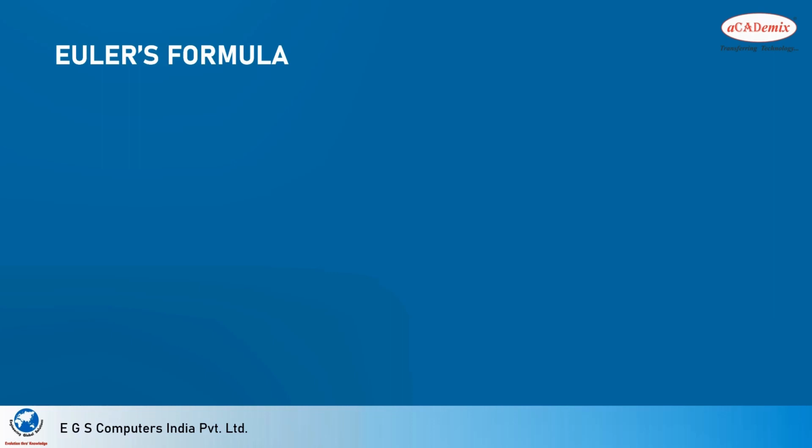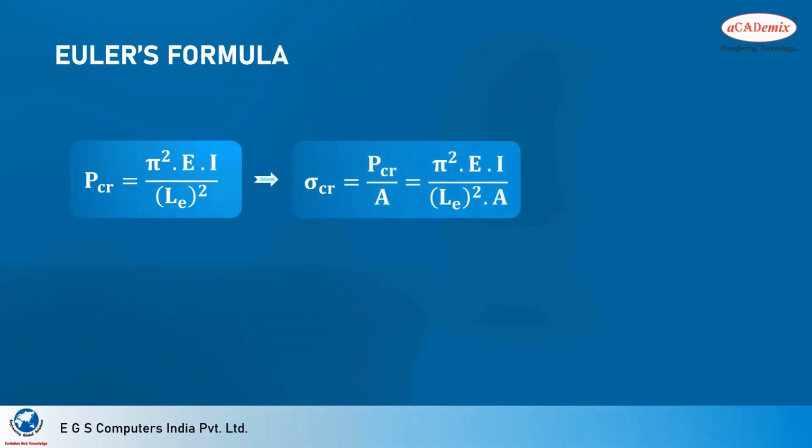Another important term is critical stress. To obtain this, we need to divide the critical load by the area. That is, the ratio of the critical load to the area gives the critical stress. Sigma CR is called the critical stress.